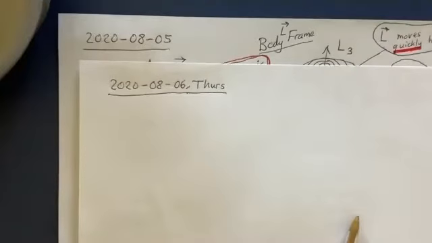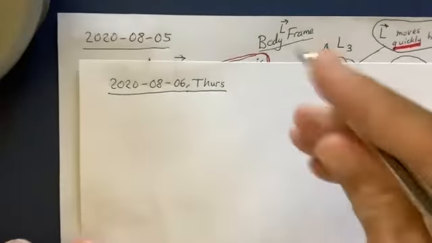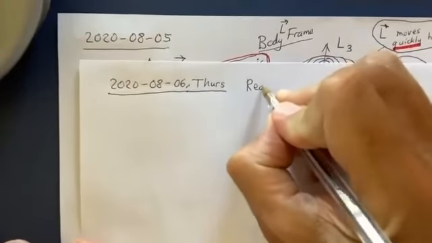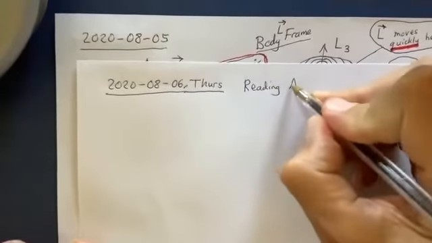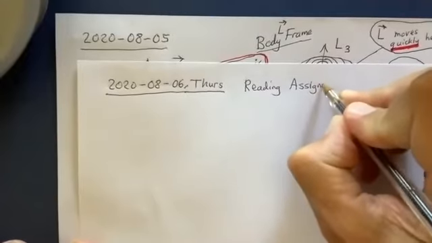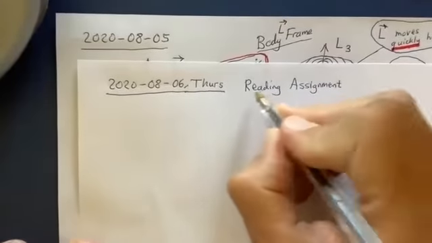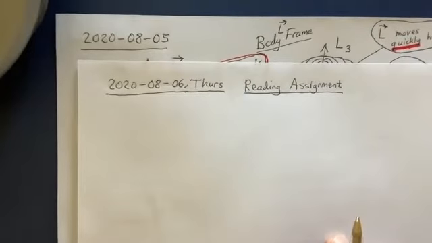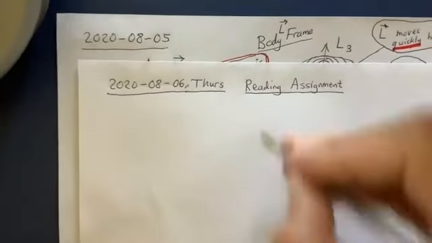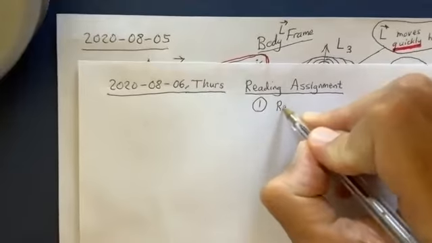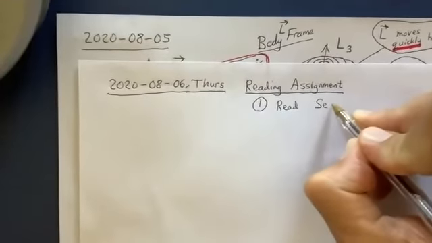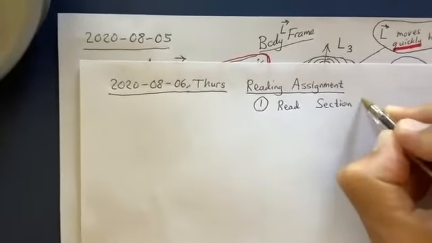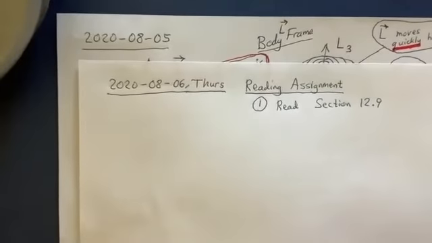First of all, let's talk about the reading assignment. Here's the situation. It's most important that you read section 12.9. So that's section 9 of chapter 12. Okay, that's important.